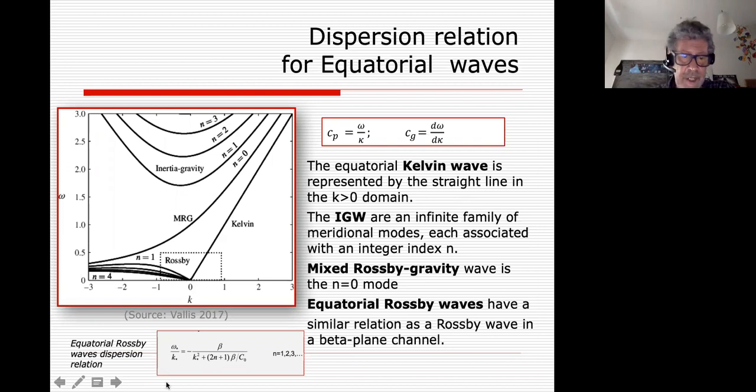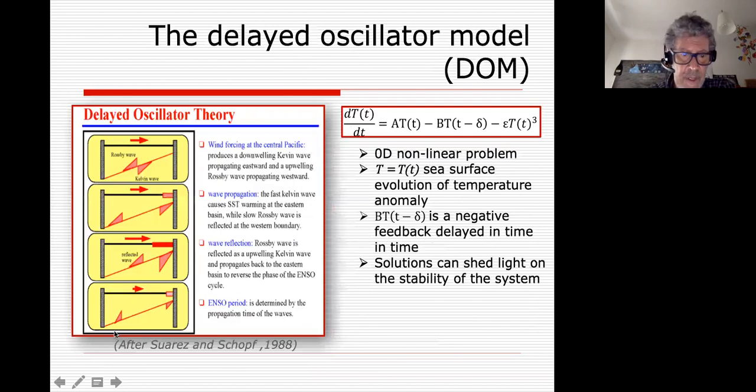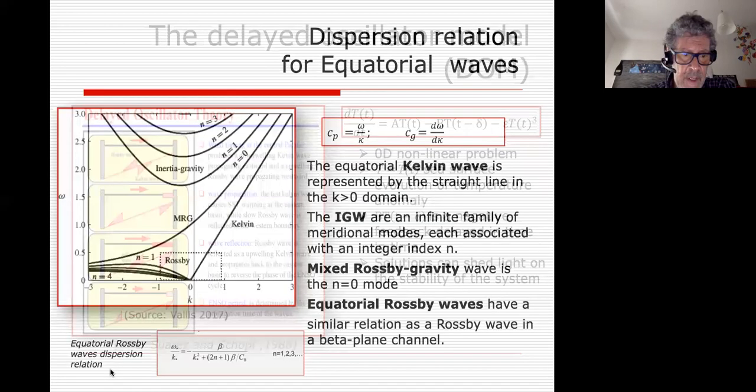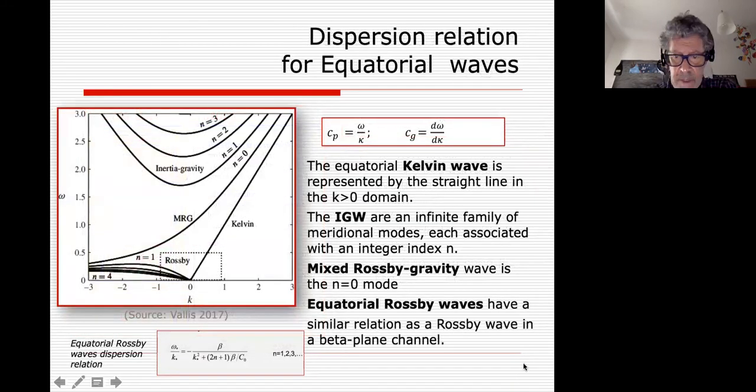And you have here the equatorial Rossby wave dispersion relation that, as we know, puts in relation the angular frequency and the wave number.